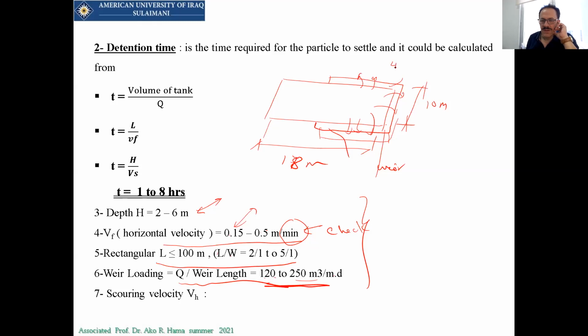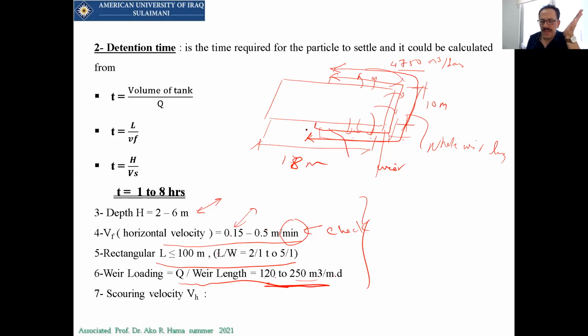Now we have 4,750 meter cube per day, and it should be divided by a number. The number is the whole length of the weir. So in our case, we have 10 meter just from this side, and we have 18.